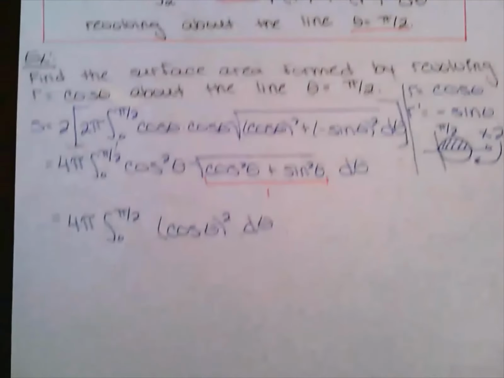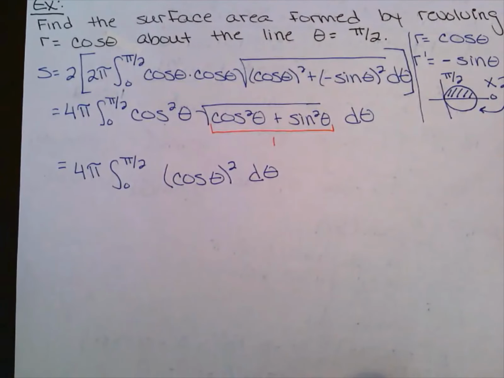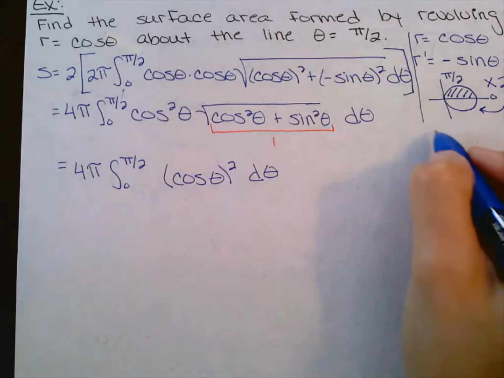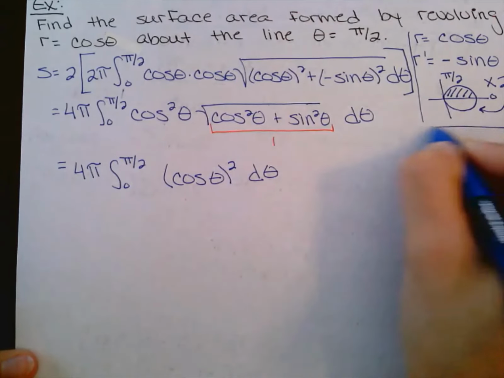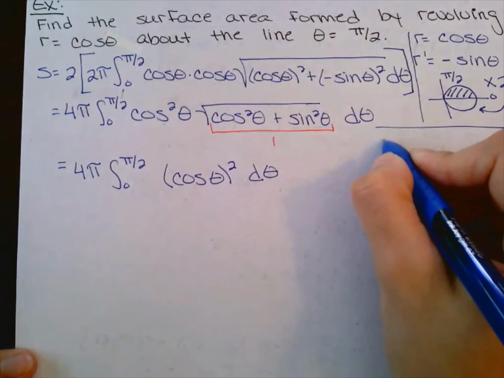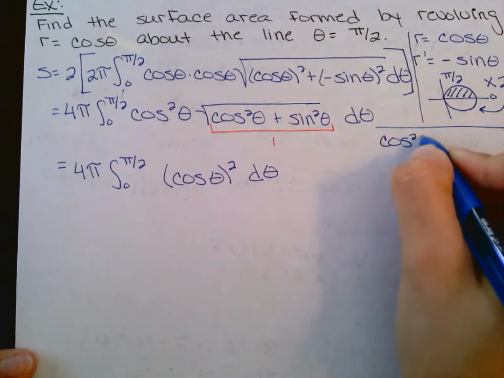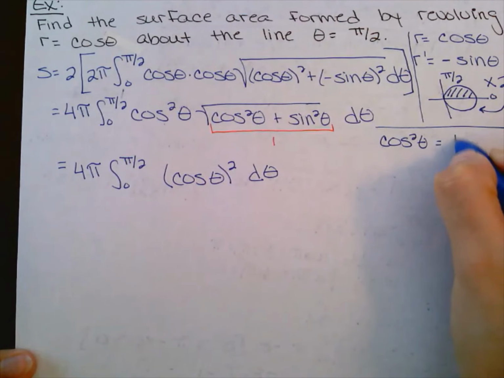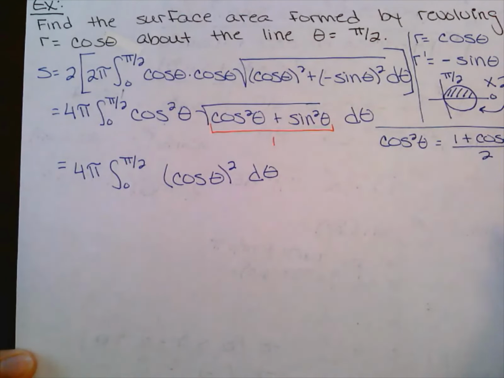Now, I do not have an integration rule for cosine squared. I cannot do u sub because what I'd be missing would be a whole trig function. But we've seen it several times already in this lesson that I do know from pre-cal that cosine squared of theta is equal to 1 plus cosine of theta over 2.